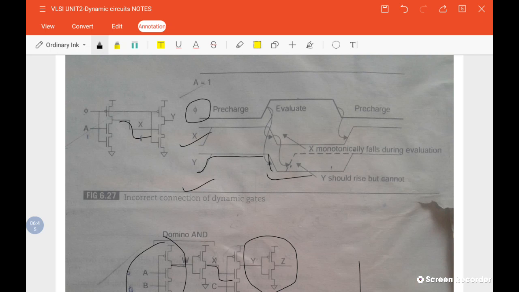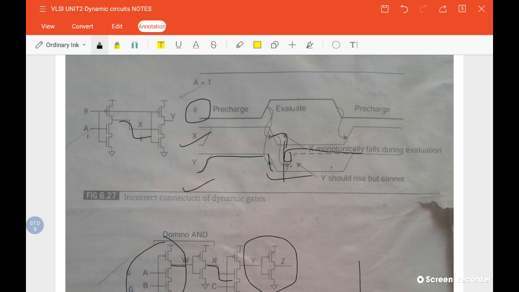But at this evaluation time, along with the clock signal, our present input signal is low now. That is, it is coming from high to low. Since this is an inverter, your output must rise from low to high.